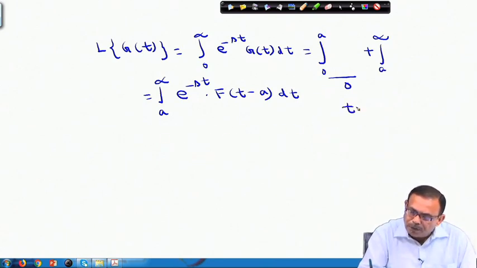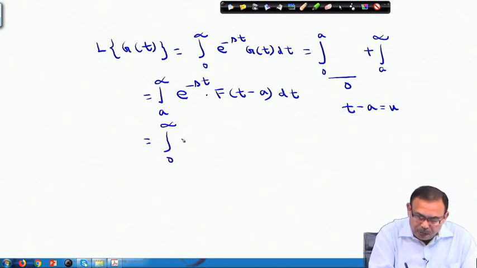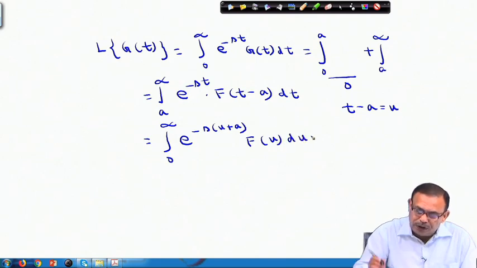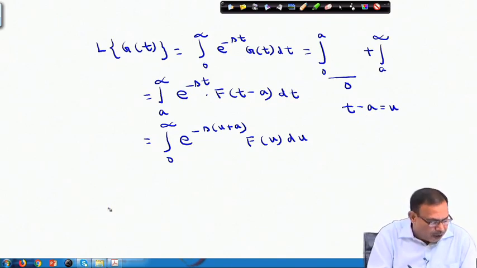Now, if we substitute t minus a equals u, the lower limit at t equals a, u will be 0, and the upper limit will become infinity, giving the integral of e^(-s(u plus a)) f(u) du. The limit has been changed from 0 to infinity, since at t equals a, u is 0, and at t equals infinity, u equals infinity.